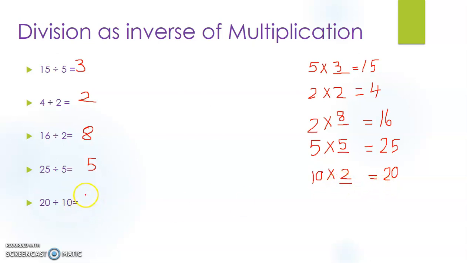So 20 divided by 10 is equal to 2. I hope this is clear to all of you. Division is the inverse of multiplication.